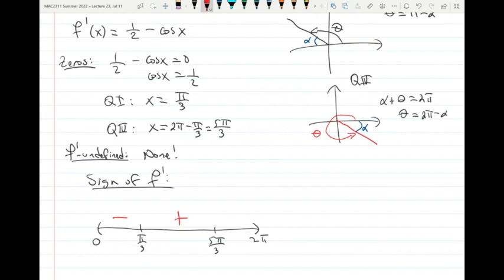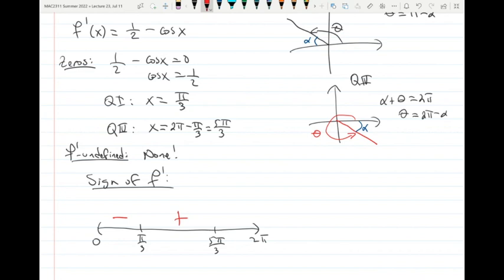You understand this? Okay. So, but actually, you can even do it easier. No matter what value you pick in here, now let's do it another way. No matter what value you pick in here, no, actually no, because cosine is positive, and then we don't know. It's 1/2 minus that.